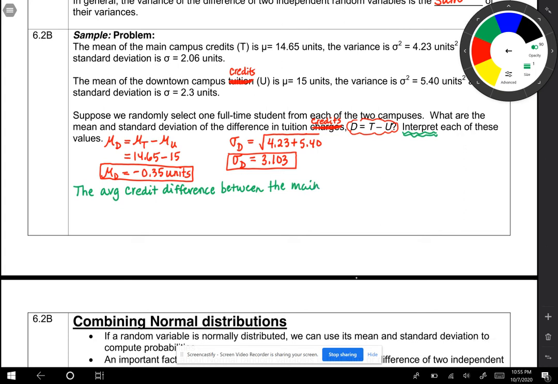It would be wrong if you said the average credit difference between the downtown campus and. So between the main campus and the downtown campus, is negative 0.35 credits.